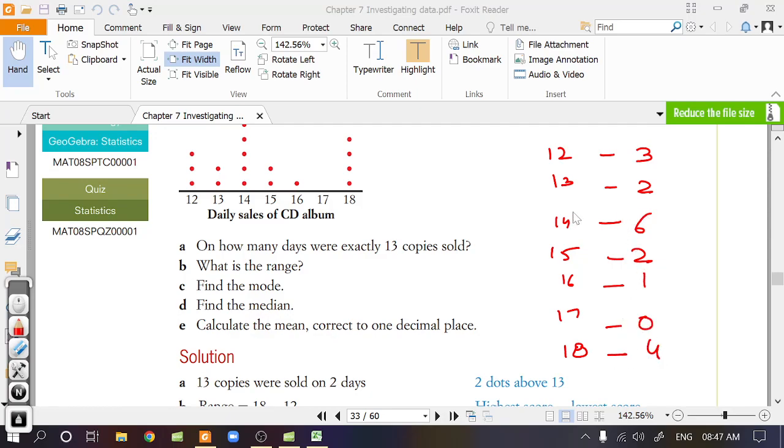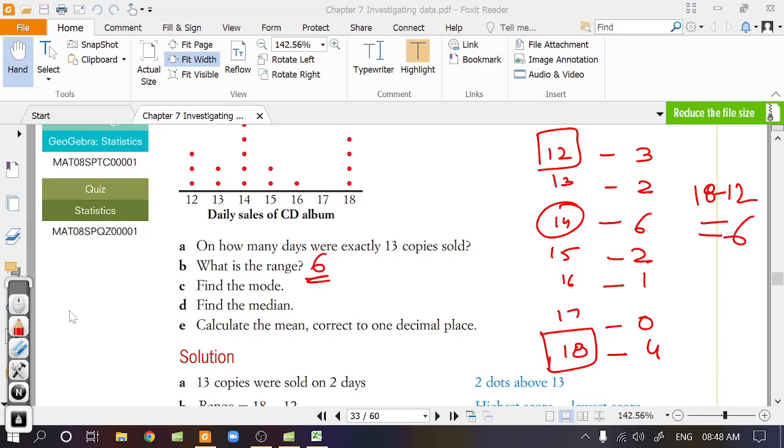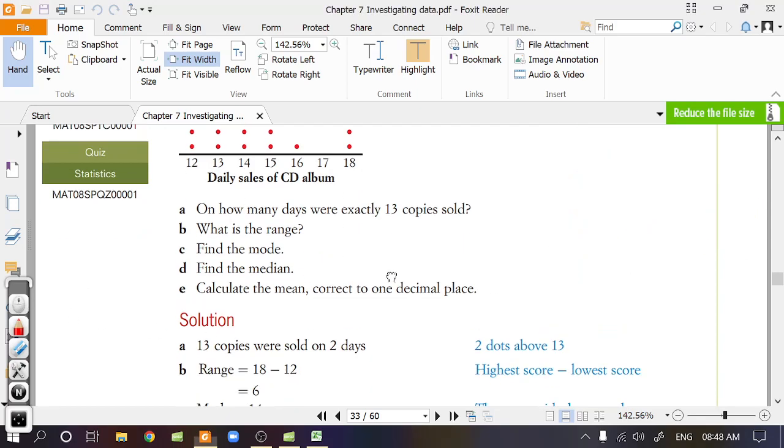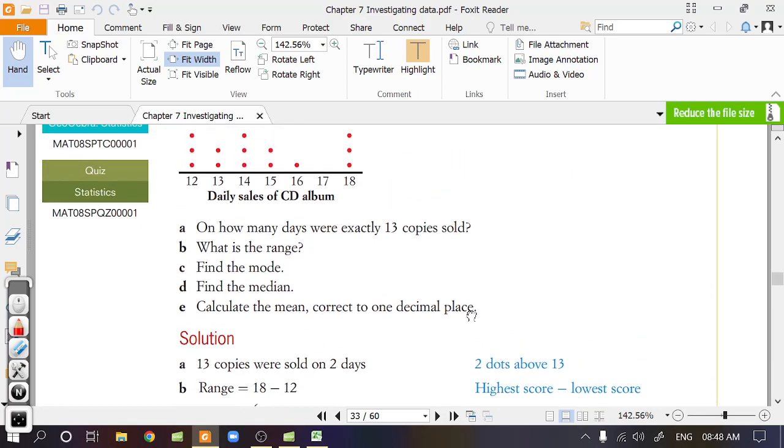So the highest frequency is 14. No, he is asking range. Range is highest minus lowest, so 18 minus 12, the range is 6.